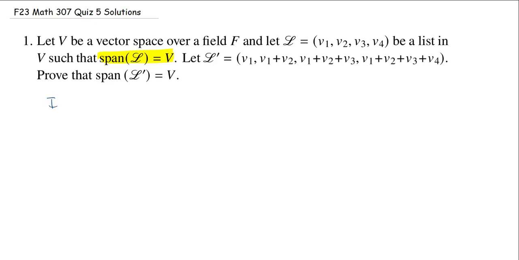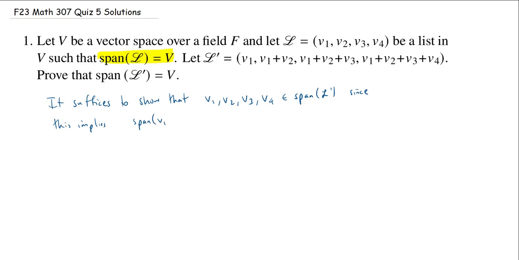So it suffices to show that V1, V2, V3, and V4 are all in the span of L prime, since this implies that the span of V1, V2, V3, V4 is contained in the span of L prime.